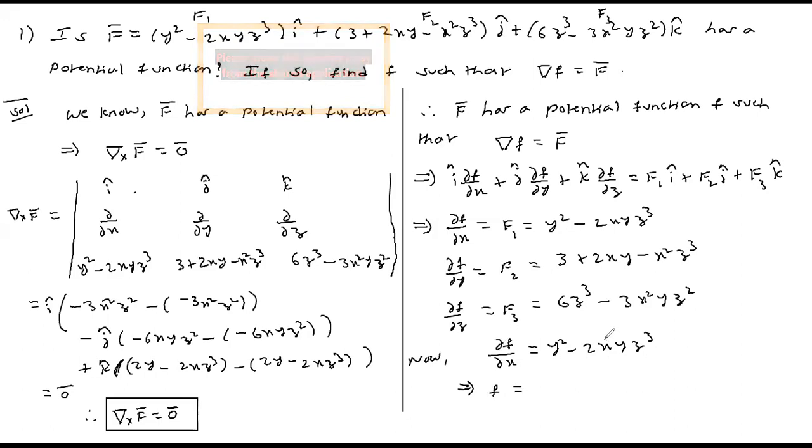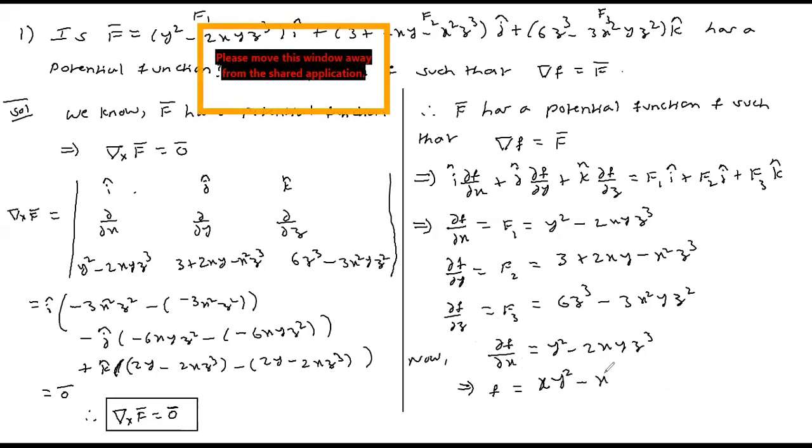Can you guess? Integral of this expression with respect to x by treating remaining variables as constant, right? So what could be that function? xy square minus x square y z cube plus some constant. What could be that constant?